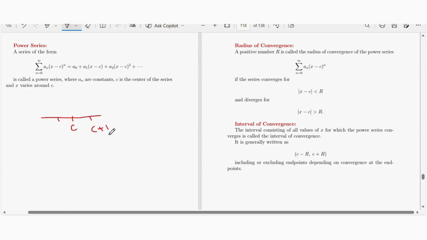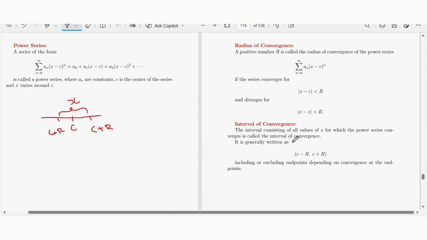Okay, so this is c plus r and this is c minus r. So x lie in the interval c minus r to c plus r. This is the region in which x lie.